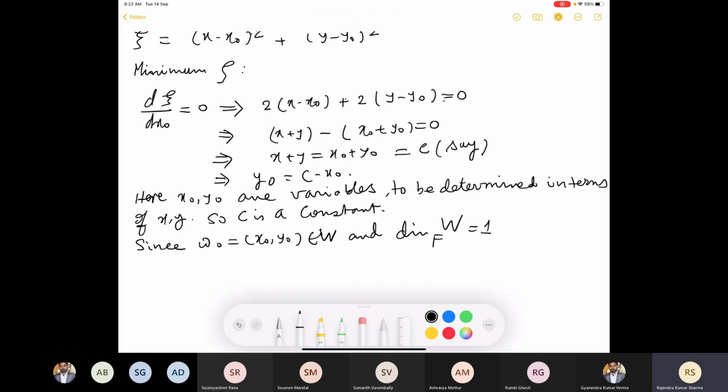And in particular, the same also will happen with this W naught. That means X naught and Y naught will be same.